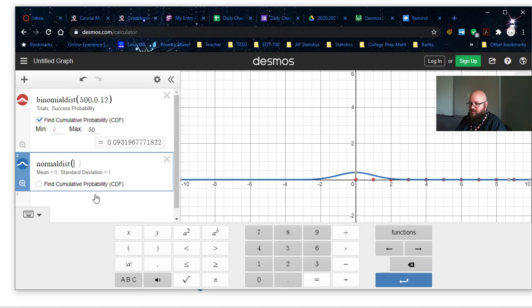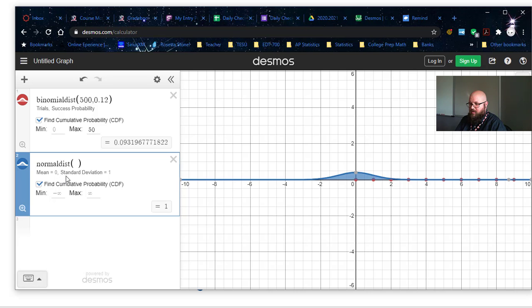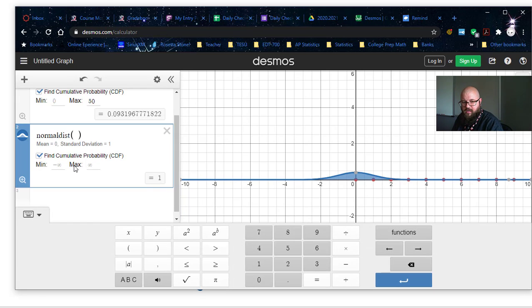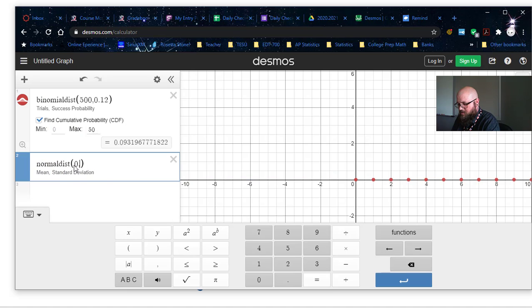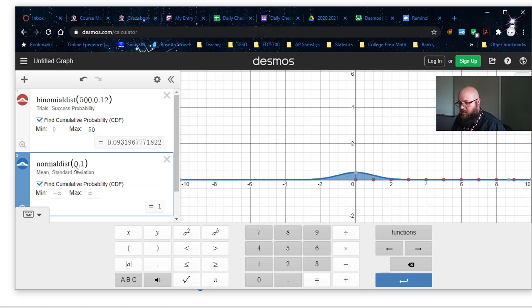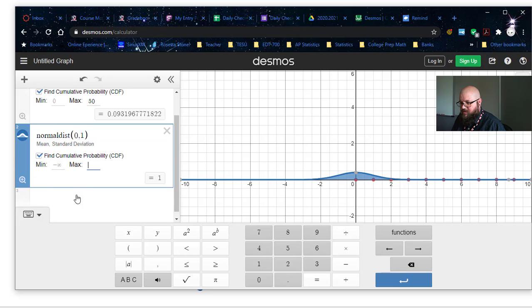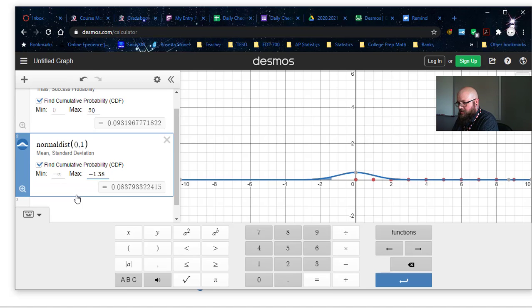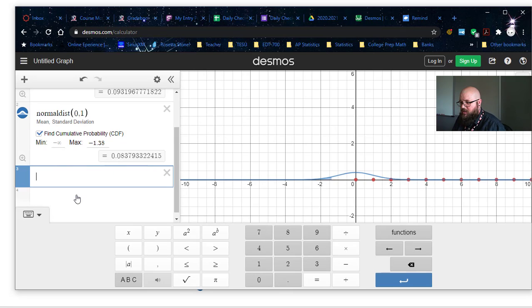For this, we're going to go with our mean, which in this case is 0, and standard deviation 1. Then our lower bound is negative infinity, up to negative 1.38, in which case we should come out to get 0.084.